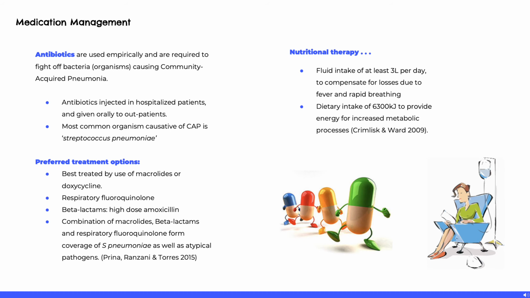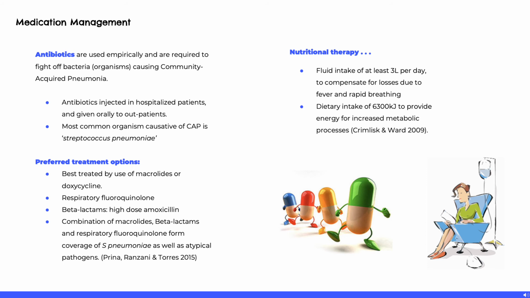In addition to macrolides, patients may take a respiratory fluoroquinolone such as levofloxacin or moxifloxacin, combined with an advanced macrolide and high dose amoxicillin. In addition to medication therapy, patients should aim for a fluid intake of approximately 3 litres per day to compensate for increased loss due to fever or rapid breathing.